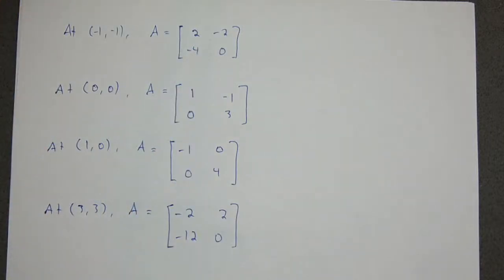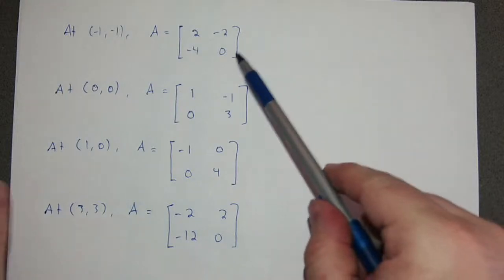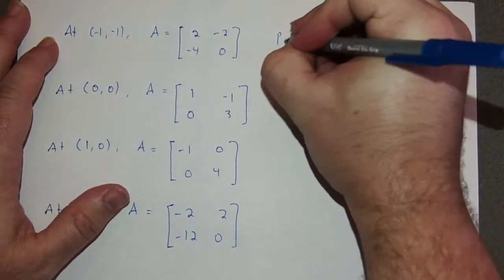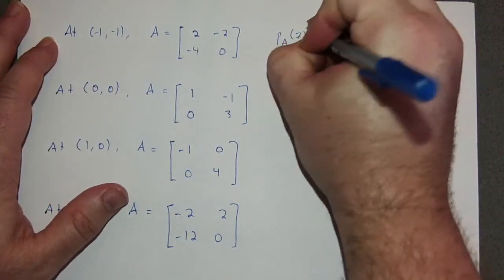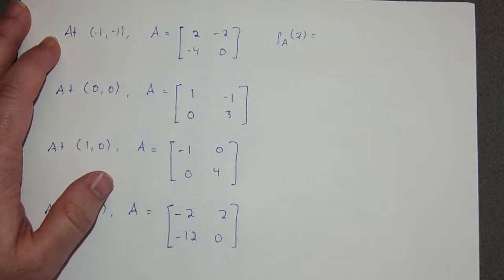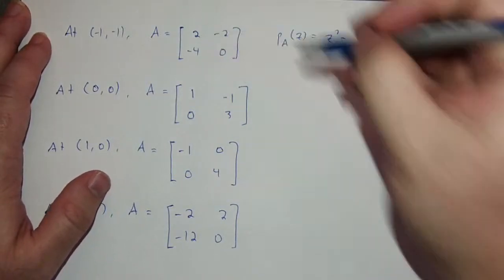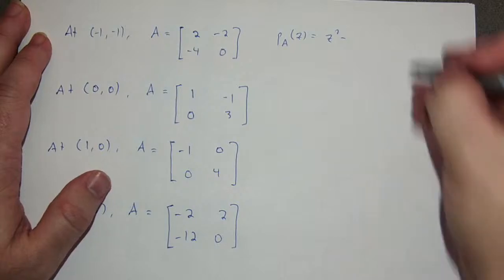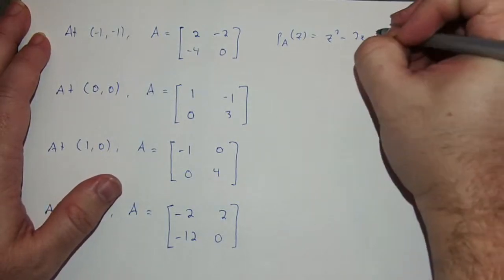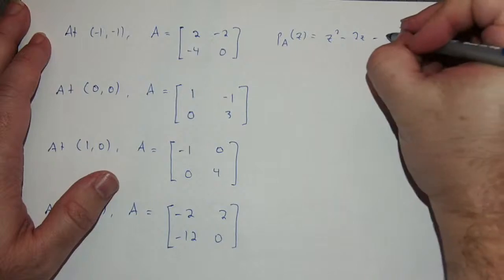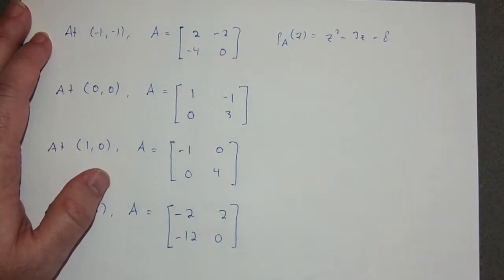So for this first one, what's my characteristic polynomial? The characteristic polynomial is z squared minus the trace, which is 2, so minus 2z, plus the determinant, which is 0 minus 8, so this is minus 8.